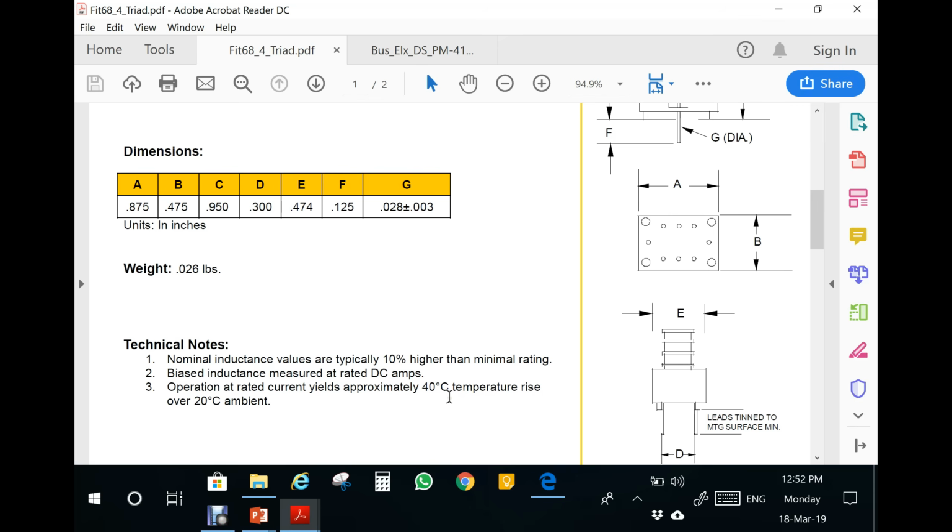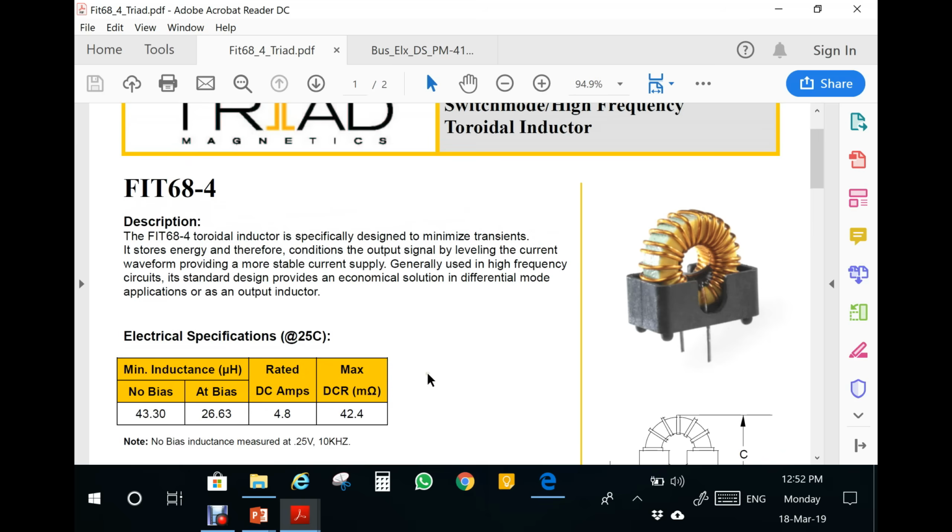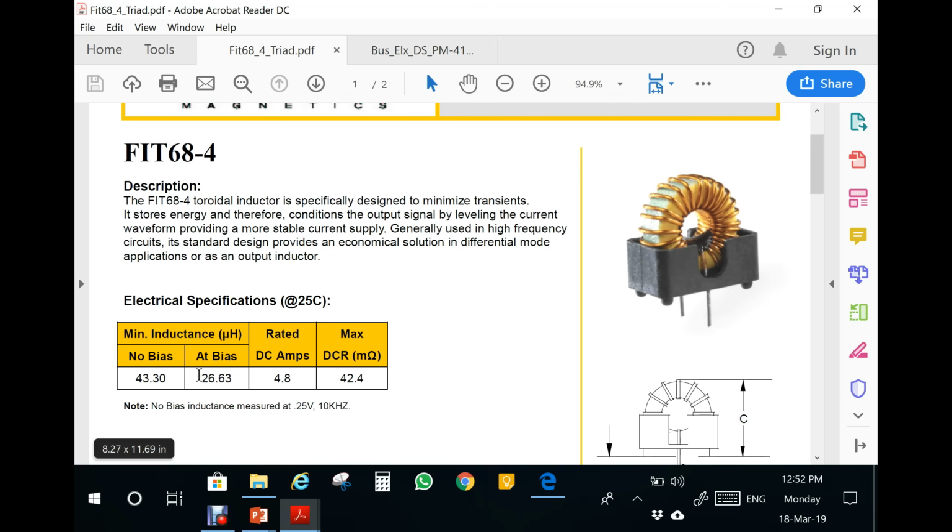Well, it doesn't matter because it's insufficient information, because it's only 40-degree, and they're just talking about the rated DC amps. That is when you operate this inductor at DC. Well, an inductor is not going to work with DC. It will have an AC component, and we have very little, if any, information on what really happens at high frequency in terms of the losses.